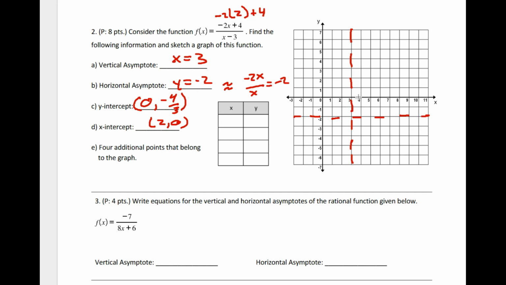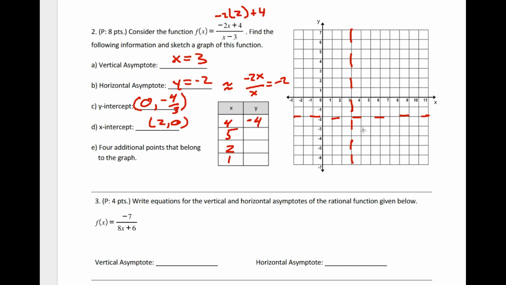Okay. So we're going to find 4 additional points that belong to the graph. So we've learned to look to the right of the vertical asymptote and to the left. So I'm going to put in 4 and 5. I'm also going to put in 2 and 1. When x equals 4, the numerator is negative 4 and the denominator is 1. So we get negative 4.